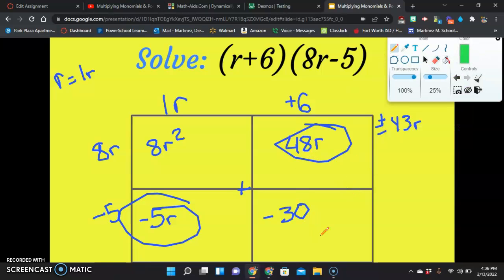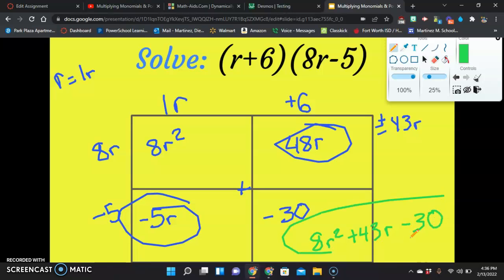So our new equation is going to be 8r squared plus 43r minus 30. There we go. So this is your new equation. All right, copy it down.